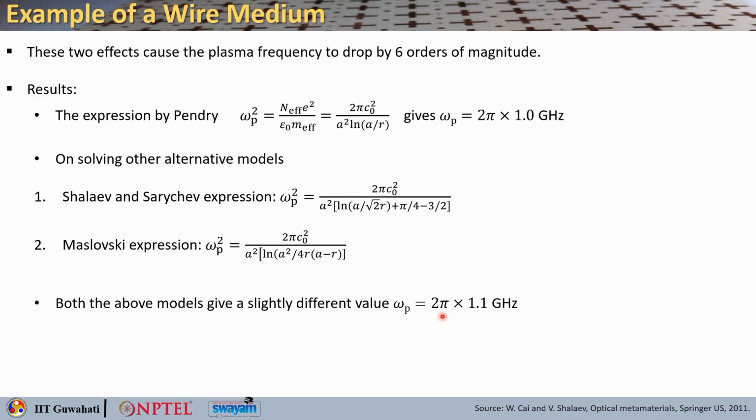Omega p will be 2 pi into 1.1 gigahertz. There is a slight variation, but more or less they give you the same order of magnitude.